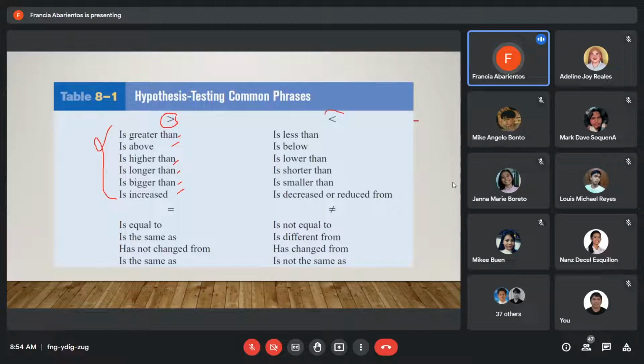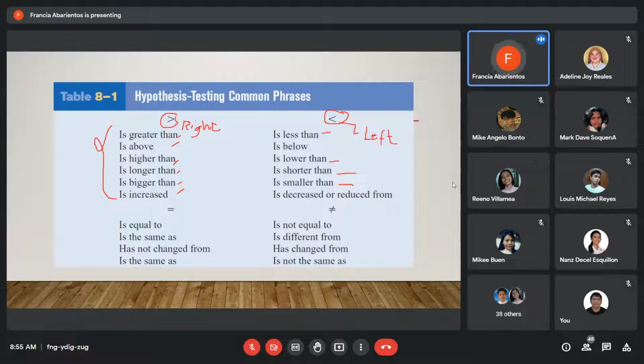While if the phrases fall under less than, below, lower than, shorter than, smaller than, or decreased or reduced, then this will fall under less than. This is a left-tailed test. While here, this is a right-tailed test.